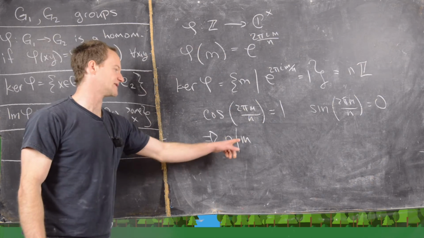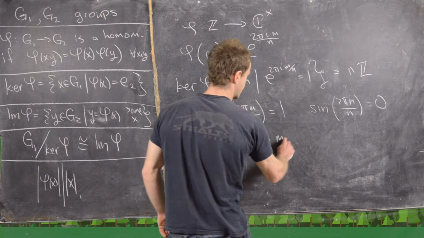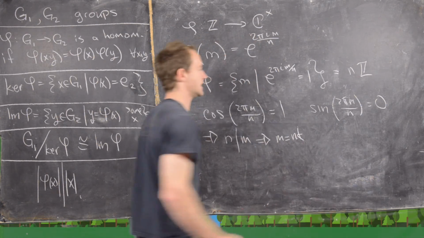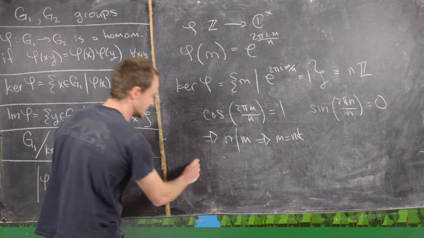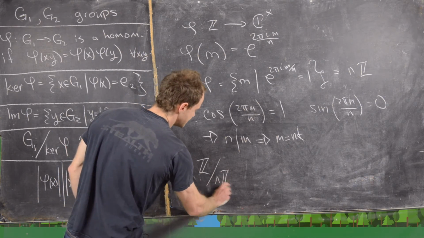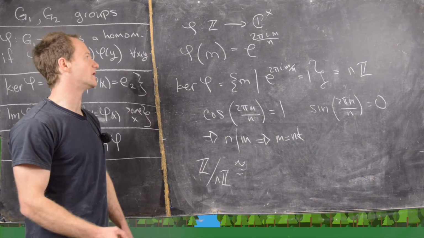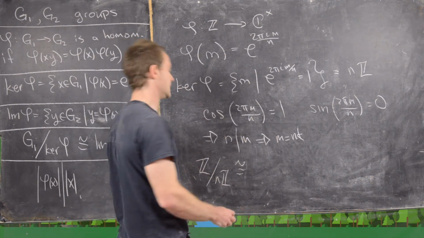So if n divides m, then that means that m is a multiple of n. So we could say m is equal to nk. But what that tells us is that Z mod nZ is isomorphic to a subgroup of the non-zero group of complex numbers generated by this.